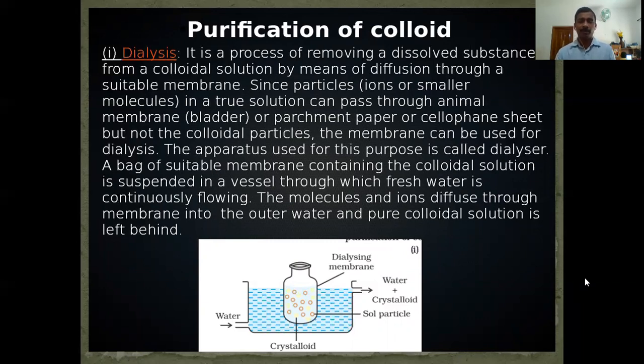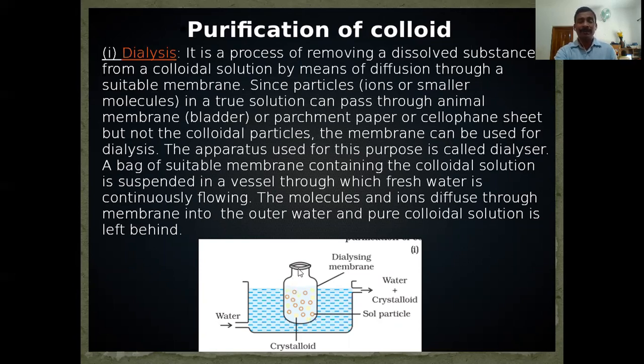Semi-permeable membranes can be used. Ions are very small in size, less than 1 nanometer, so they can easily move through the semi-permeable membrane. So in the figure you can see the arrangement.